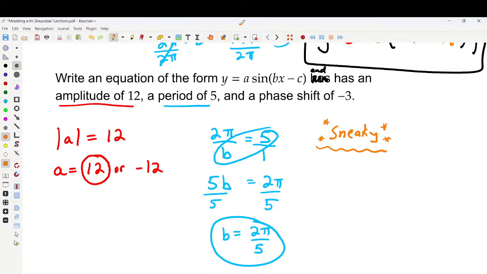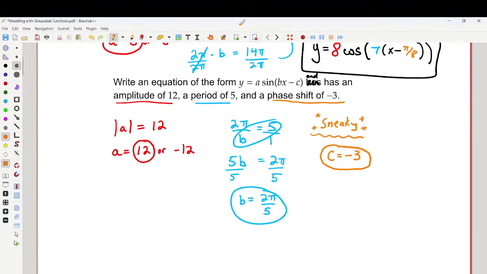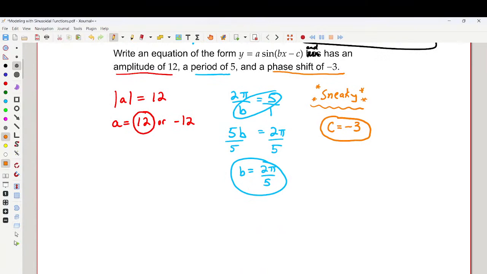Our phase shift is negative 3. I'm going to say that C is negative 3. Circle it. But here's what I said we're going to come back to in a minute. Let me write this exactly as it states. Y equals A sine bx minus c.